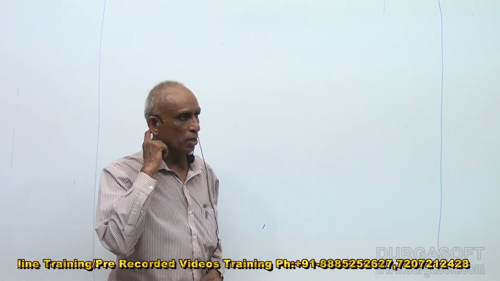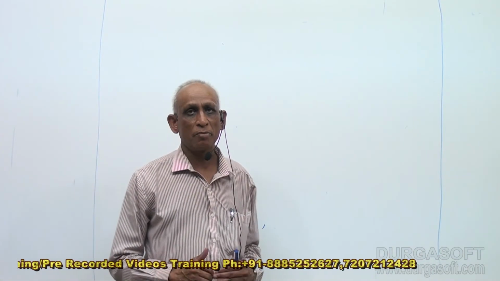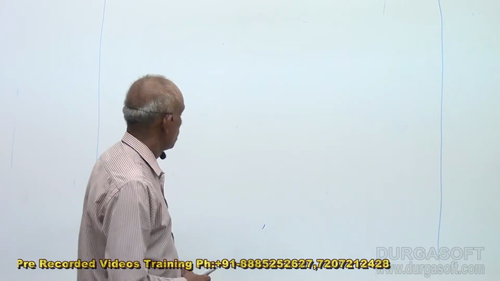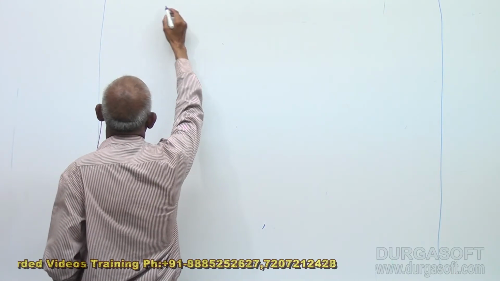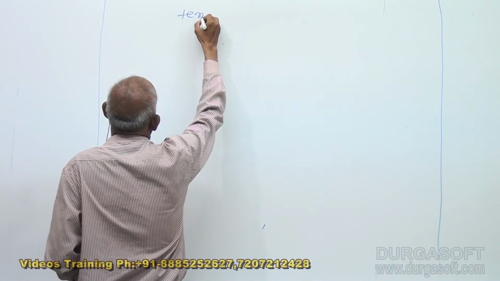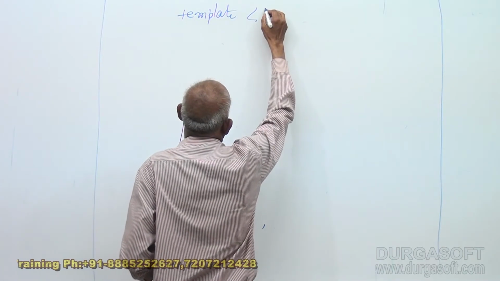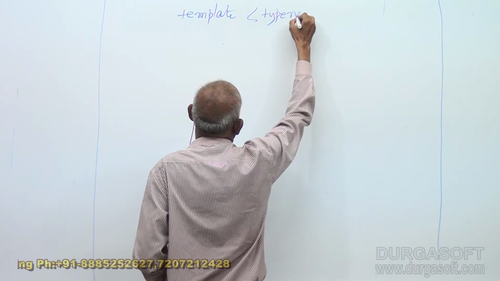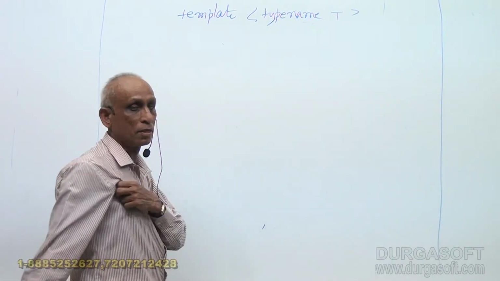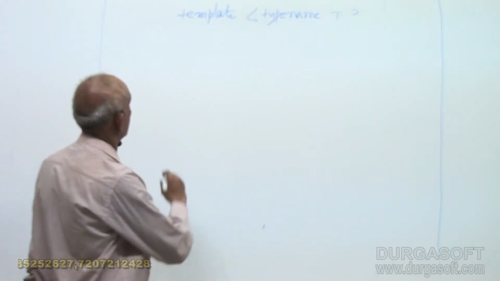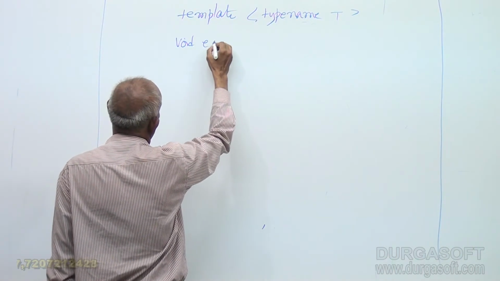Now we will see one more example of a function template with single data type and two parameters. That is for exchange or swap function. template <typename T>. It is a swap or exchange function. So void exchange.